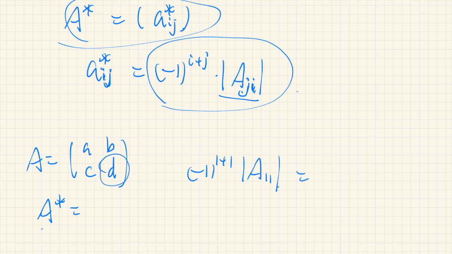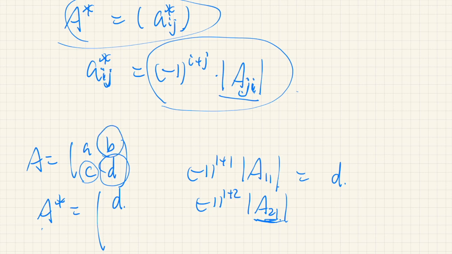So that is just D, right? So the 1 1 element is D, and the 1 2 element is something like negative 1 to the power of 1 plus 2, and the 2 1 here. So A 2 1 means the matrix obtained by removing the second row and the first column. So that is B. Okay, so that is negative B.